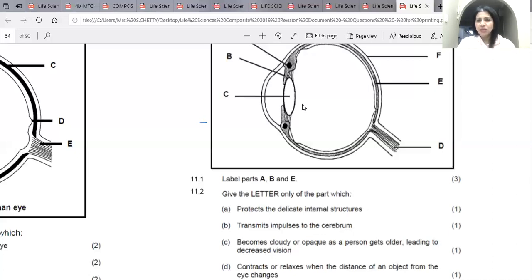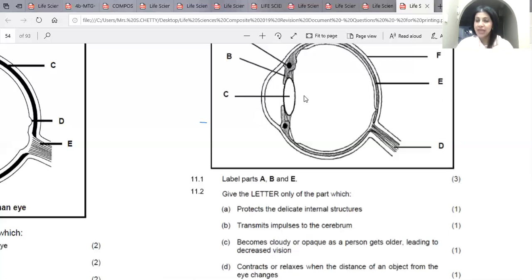And very importantly as well, as you get older, you find that your lens loses its elasticity. Neither can it become more biconvex, nor can it become less biconvex. Remember, to become more biconvex is for things close to your eyes, for near vision.